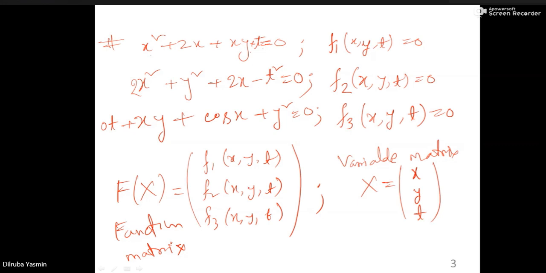So when you have the variable matrix and the function matrix, you can make the Newton-Raphson iterative formula in matrix format, isn't it? So what is the meaning of J inverse?